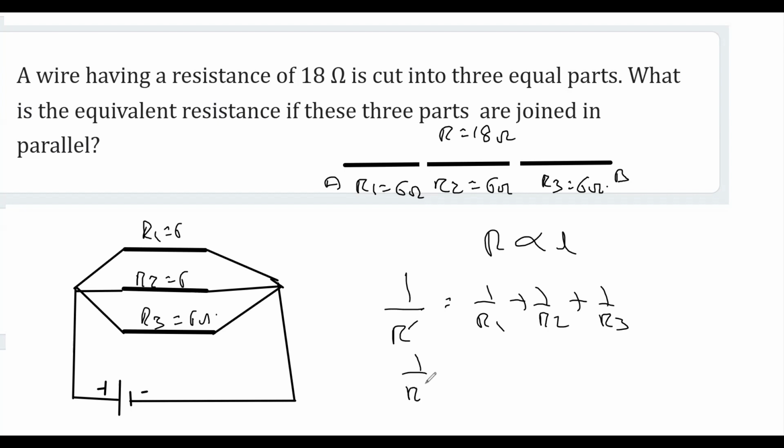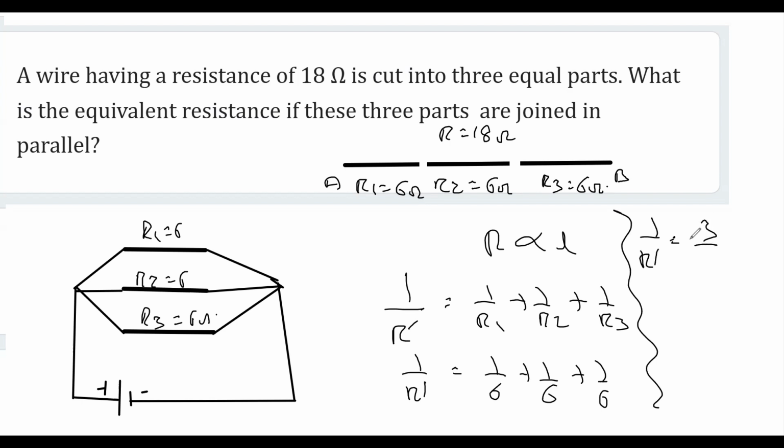So 1 over R dash is 1 by 6 plus 1 by 6 plus 1 by 6, which is 3 by 6. On reducing, it comes out to be 1 over 2, so R dash is 2 ohm.